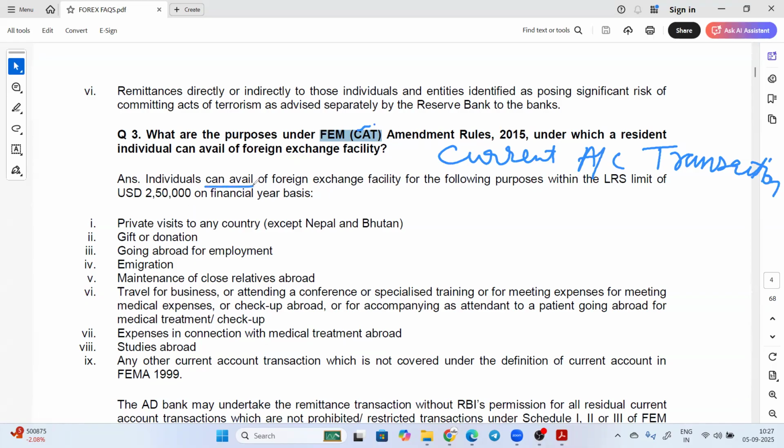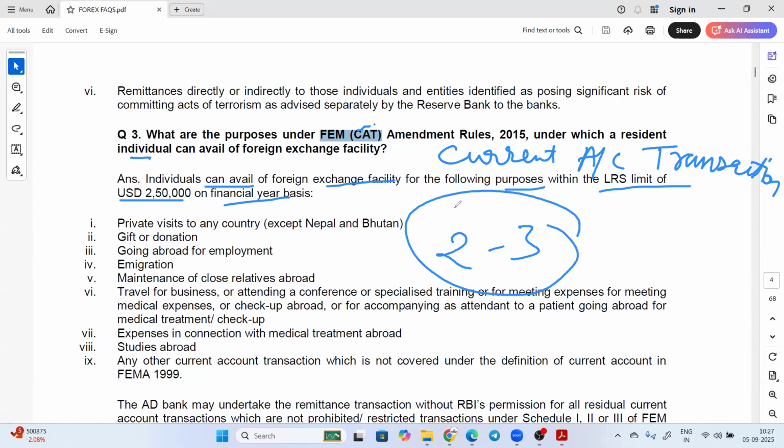Individuals can avail foreign exchange facility for the following purposes within the LRS limit, that is 2.5 lakh USD on a financial year basis. So what are the facilities that they can avail? In the exam on foreign exchange facilities for individuals, many times a 2 to 3 marks question has been asked from here.